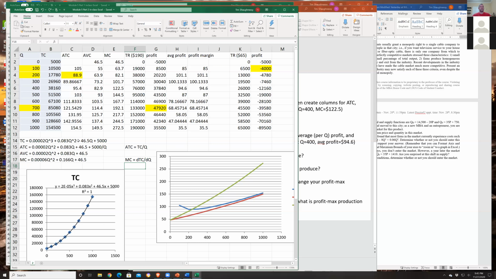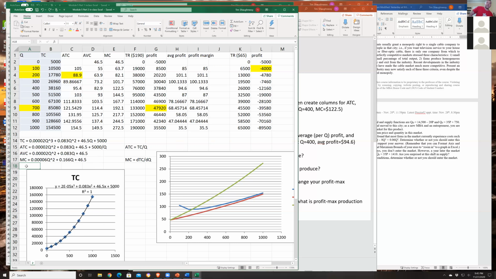The second term, 2 times 0.083 gives you 0.166, and you reduce the exponent by 1, so it becomes Q to the first, or just Q. For 46.5 times Q to the first, you pull the 1 down and multiply it by 46.5, so it's still 46.5. Then it becomes Q to the 0th power. Anything to the 0th power is just 1, so 46.5 times 1 leaves you with 46.5.